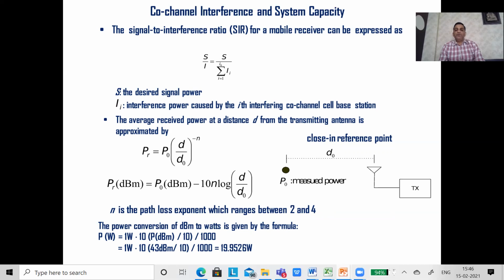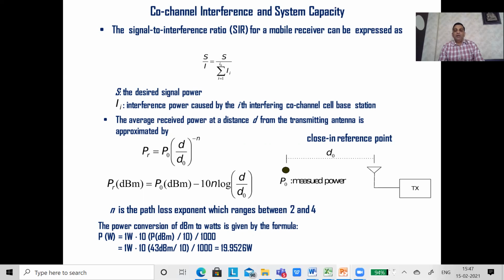The average received power at distance D from the transmitting antenna is approximated by the mathematical equation as PR equal to P0 in the bracket D by D0 raised to minus n. So PR here is received power, while P0 is the measured power from the reference point.